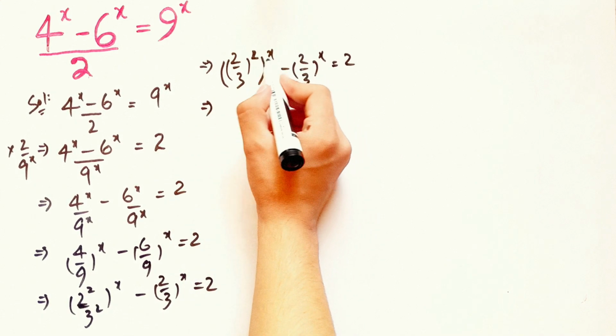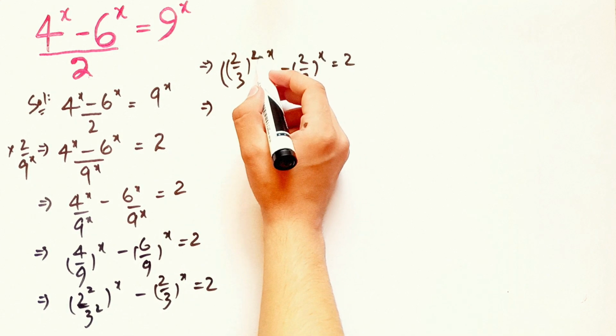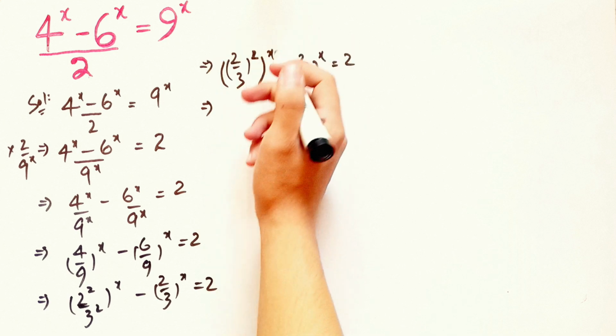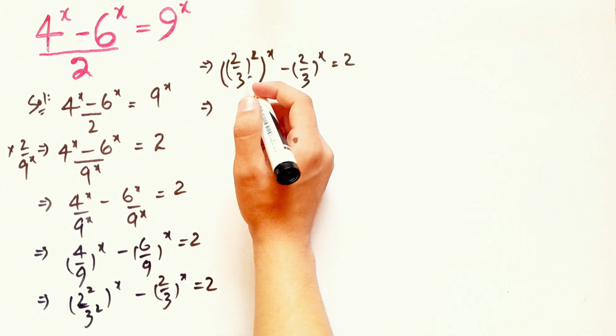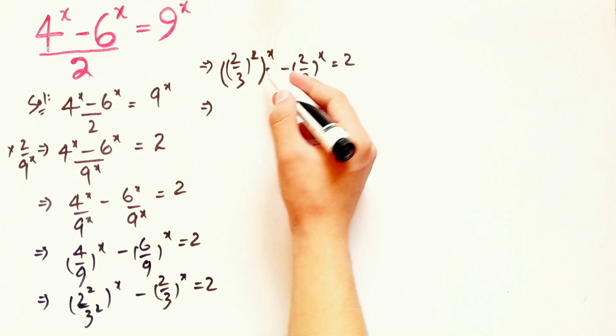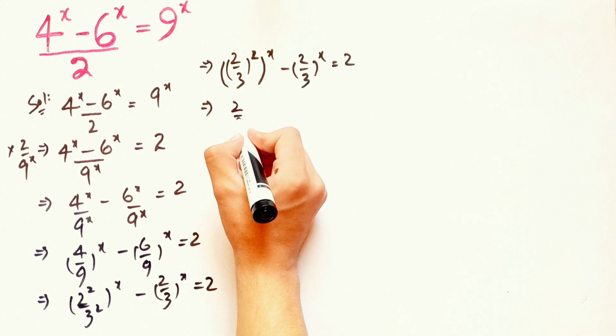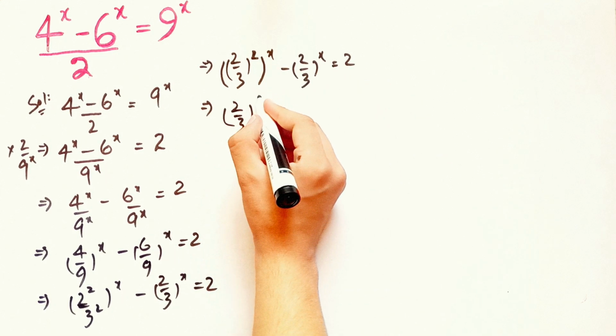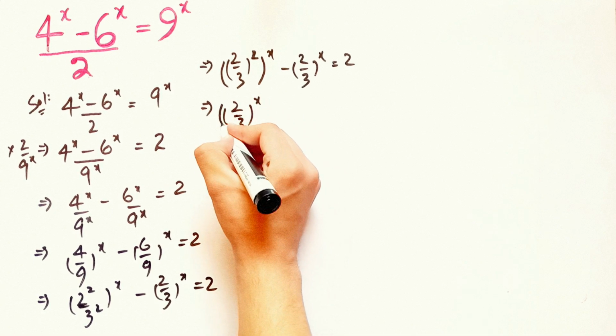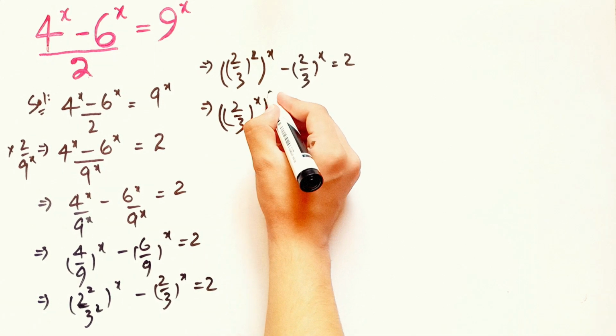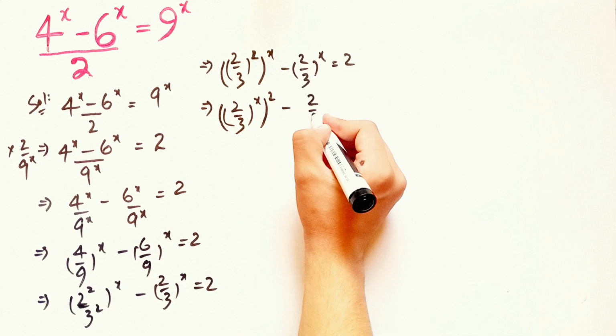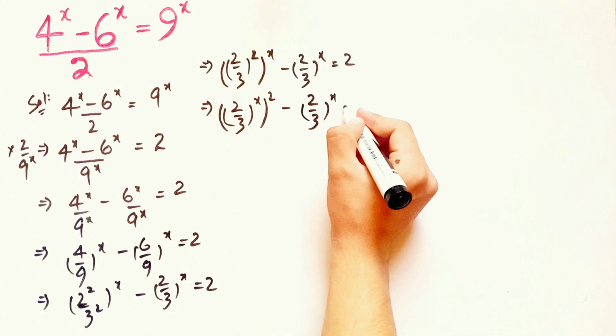Now these powers are in multiplication, so we can switch these powers because in multiplication the order doesn't matter. So we can write this (2/3)^x and then to the 2, and this one remains the same.